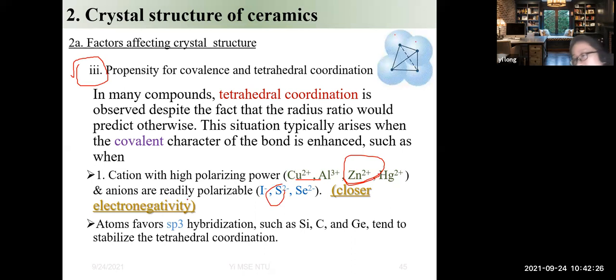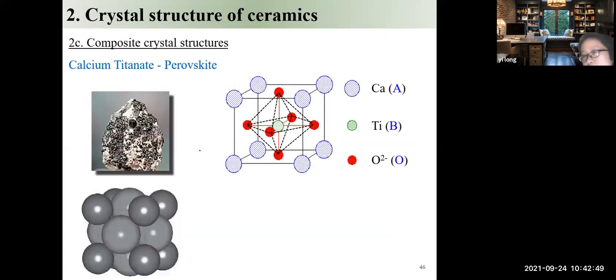Copper, aluminum, zinc, and iodide, selenide, all these ions are very polarizable, which means they have closer electron clouds. So most likely, you're going to get a tetrahedral, which means your coordination number equals 4. Okay, so this is a special case.